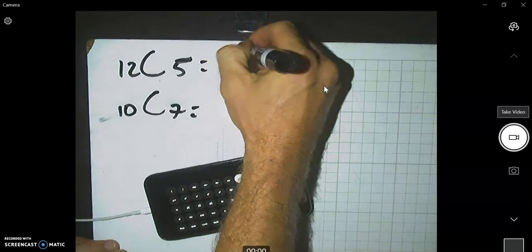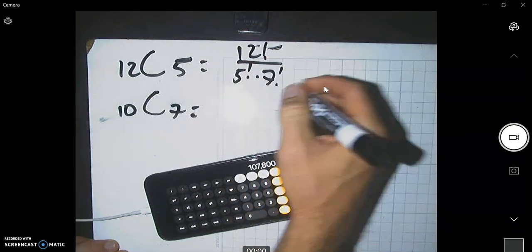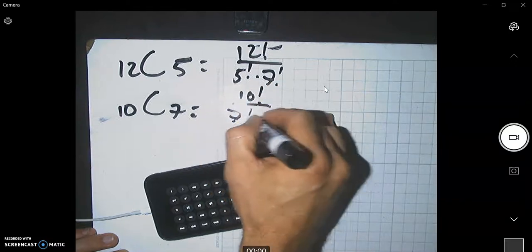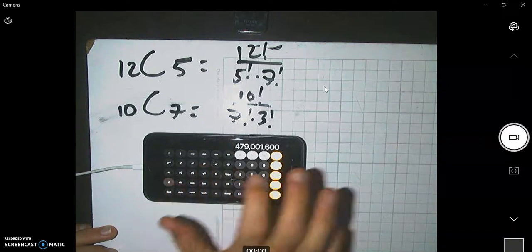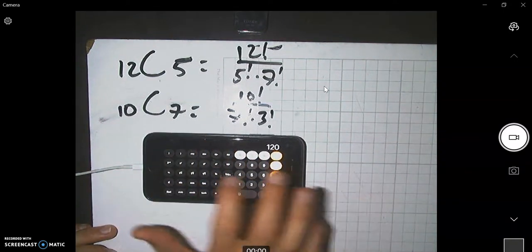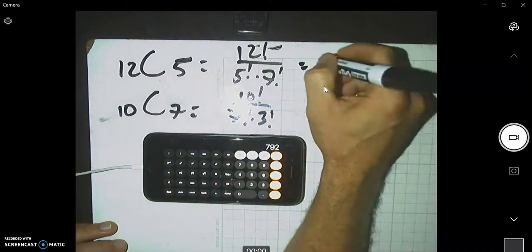So we get 12 factorial up top, 5 factorial times 7 factorial, and then 10 factorial. All right, I'm going to do this a little faster. This is a Try, so you should be doing this one by yourself anyways. 12C5 is 792.